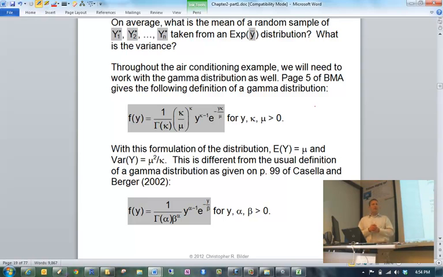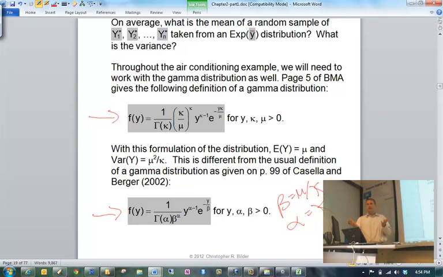I had never seen this before until I was first reading the book. Up here is the book's parameterization, and down below is the old Casella and Berger parameterization. Essentially, what's going on here is that beta is equal to mu divided by kappa, and alpha is kappa.